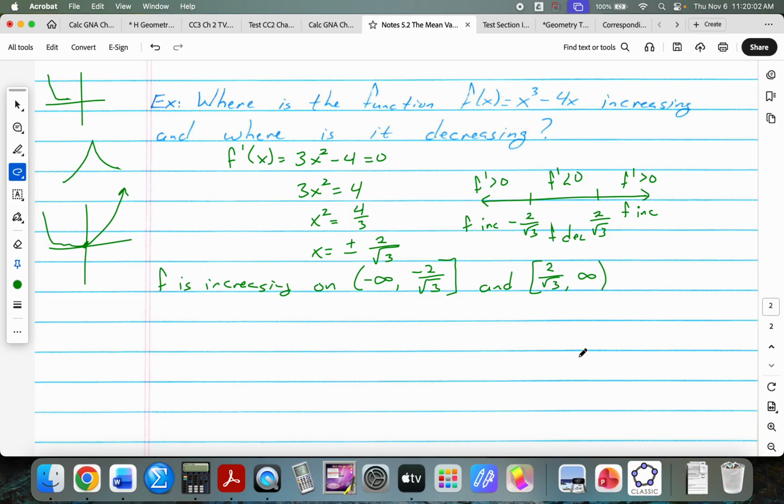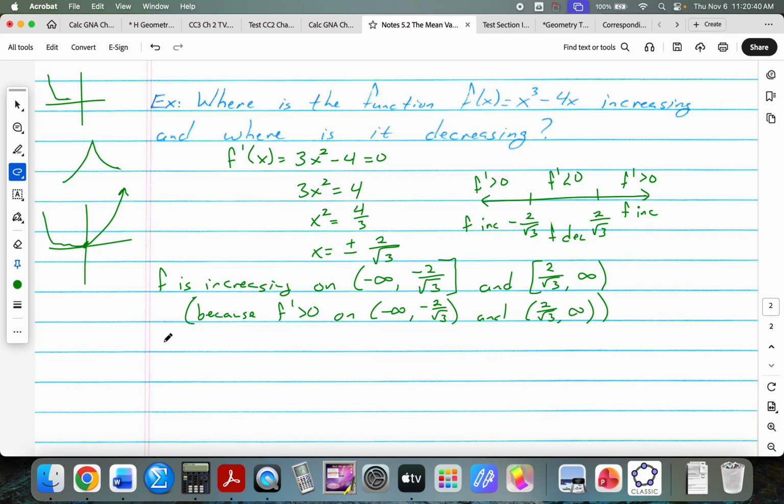This problem doesn't ask you this, but if you were asked to justify that, it would be because f prime is greater than 0 on the open interval from negative infinity to negative 2 over the square root of 3, and the open interval from 2 over the square root of 3 to infinity. That's how you would justify it.